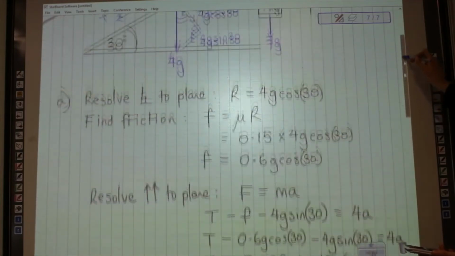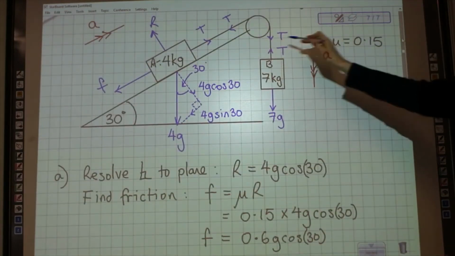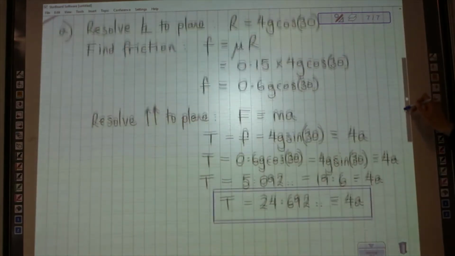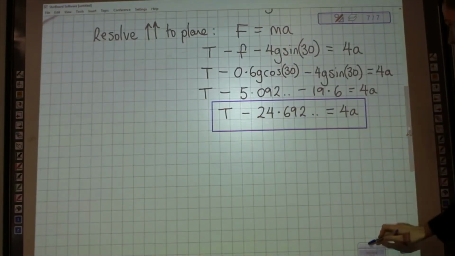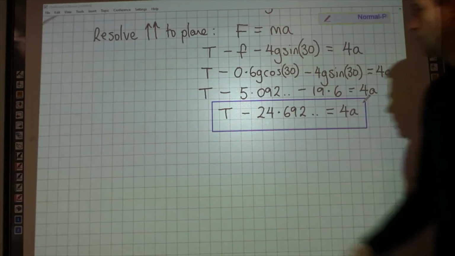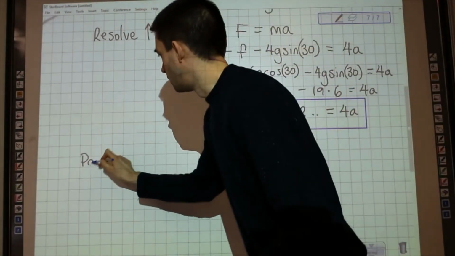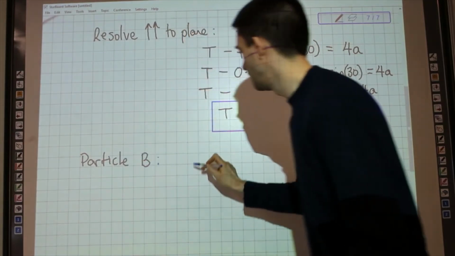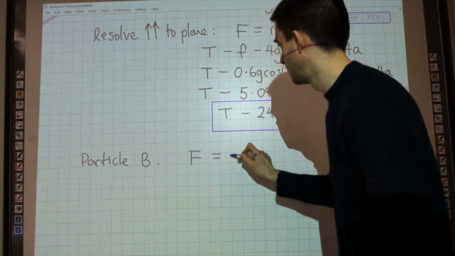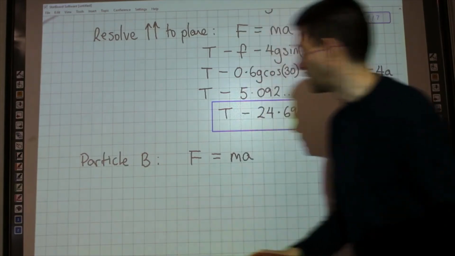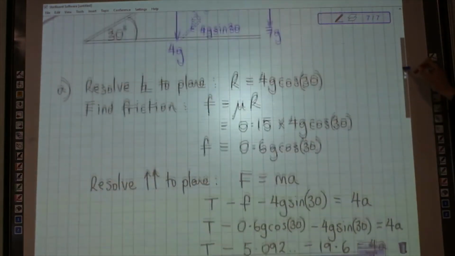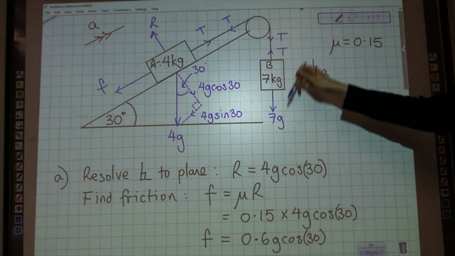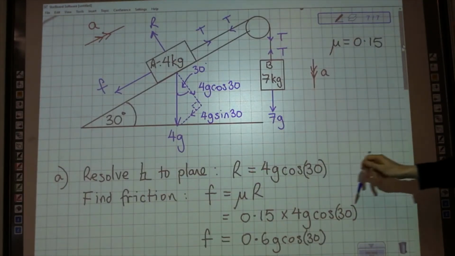So that's for particle A. I'm now going to do the same thing for particle B. You'll be pleased to know this is a lot more straightforward. Right, so for particle B, again, using resultant force equals mass times acceleration. Resolving in the direction of motion, which is downwards, that means that for B a downward force is positive and an upward force is negative.